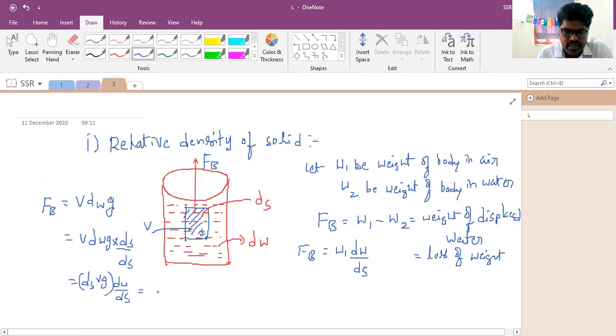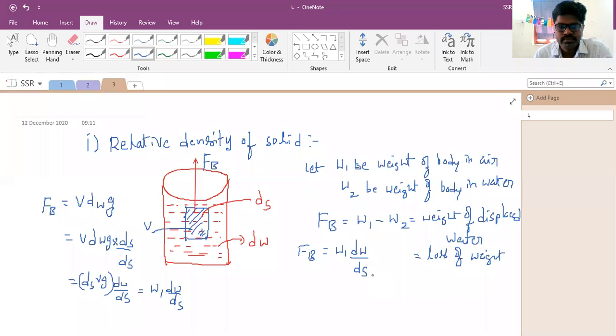Here ds into V into g is the weight of the body, W1. So Fb is equal to W1 into dW by ds, density of water by density of solid. Yes or no? Understood this? All of you clear up to this?